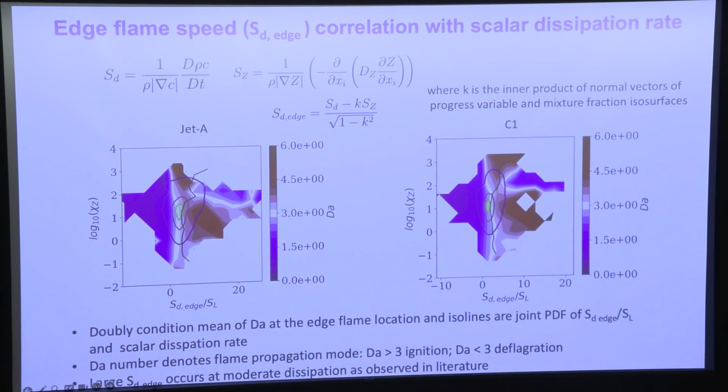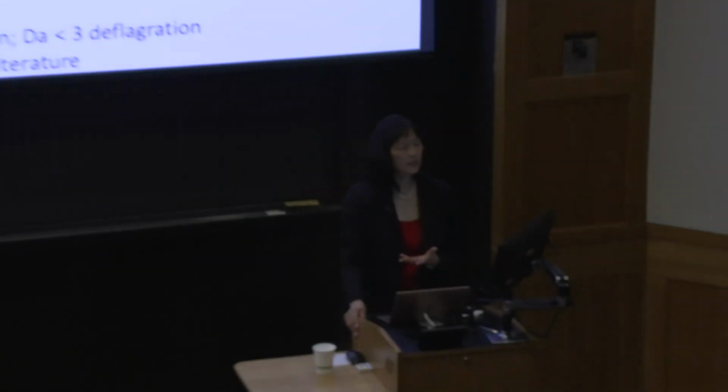And then we define the propagation speed of the mixture fraction surface just due to its diffusion, assuming unity Lewis number diffusion, so there's no additional source terms in the mixture fraction equation.